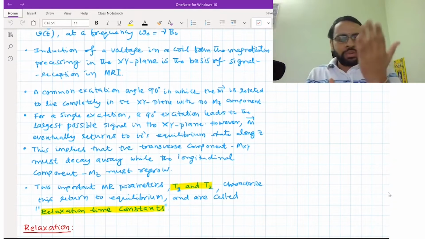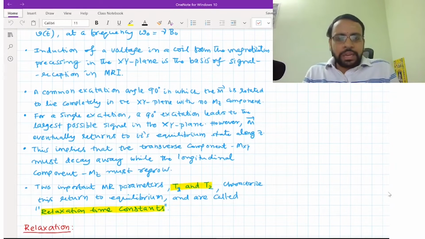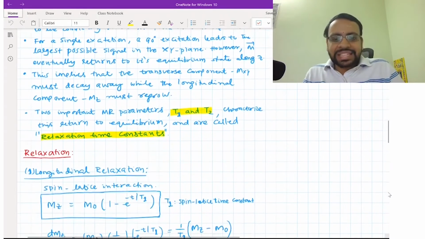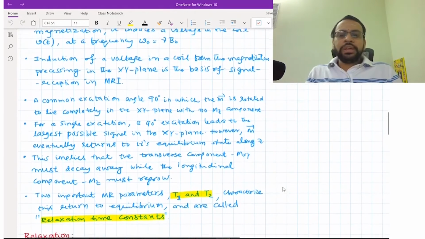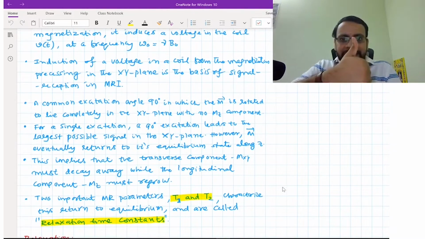By the way, when you are applying the magnetic field in the z direction, you refer to the xy plane as the transverse plane, and the z-axis as the longitudinal axis.